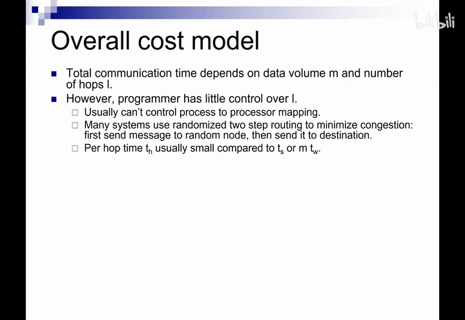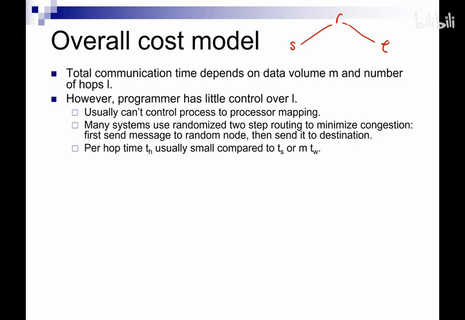In fact, in many routing systems, they do something called randomized two-step routing, in order to minimize congestion. The way this works is that if you want to send a message from a start node to a destination, you first send it to a random location, and then you have the random location send it to the destination.